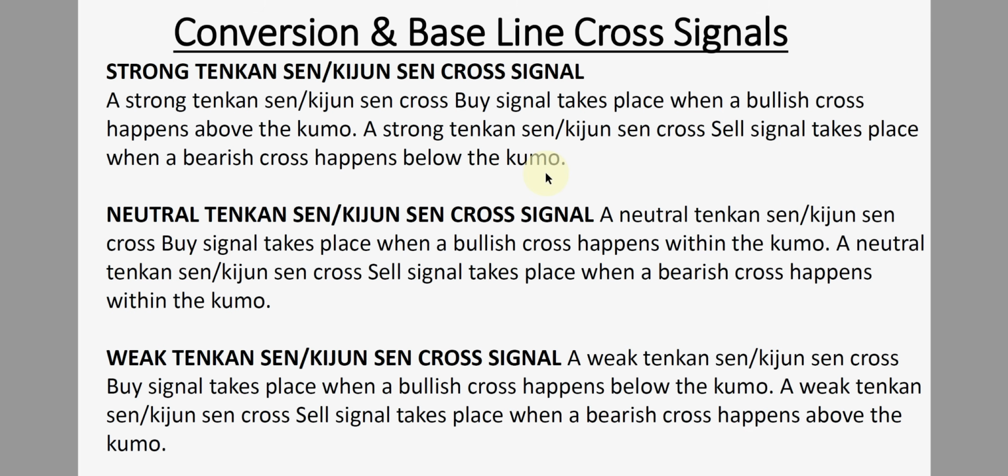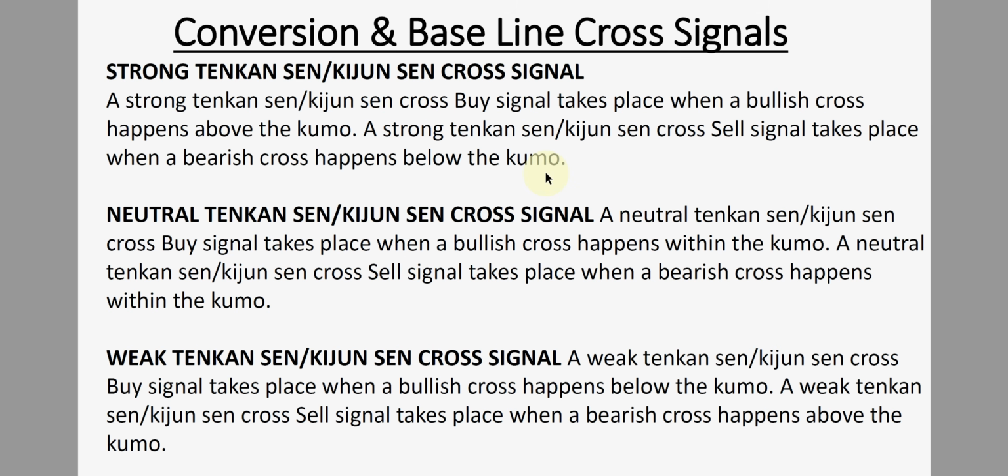Okay, so when we talk about signals, there are three types: the strong, the neutral, and the weak. The strong signal is when the bullish signal happens above the cloud, a strong bullish signal. When a bearish signal happens below the cloud, strong bearish.